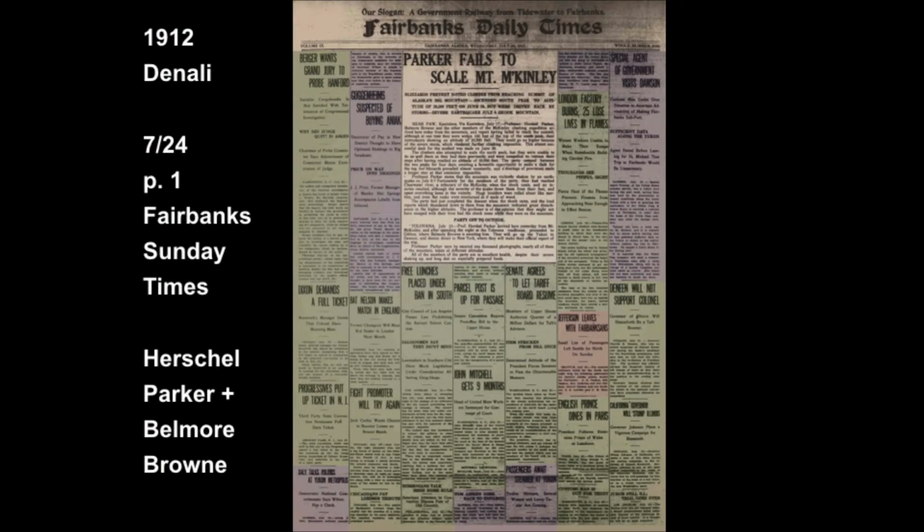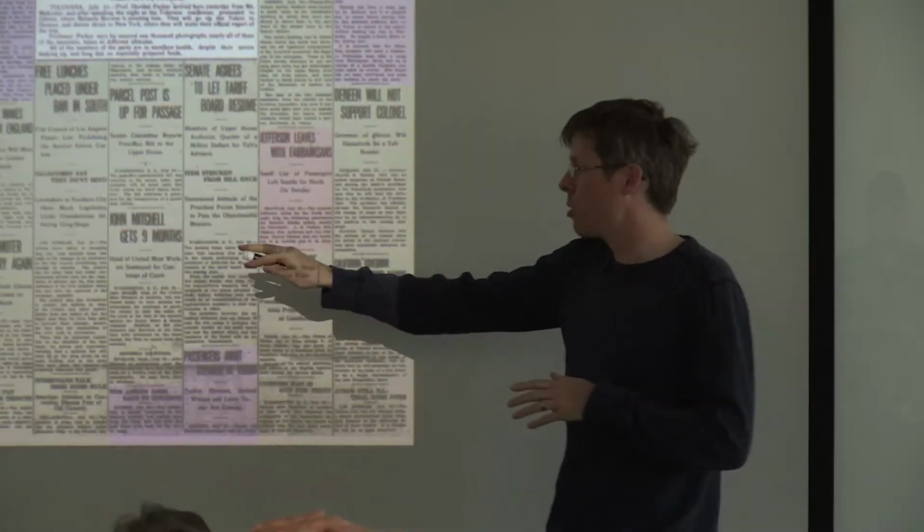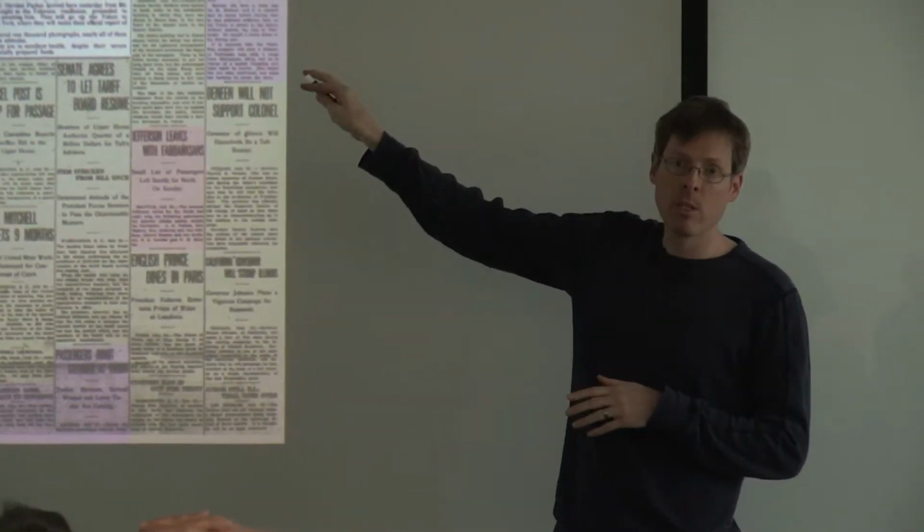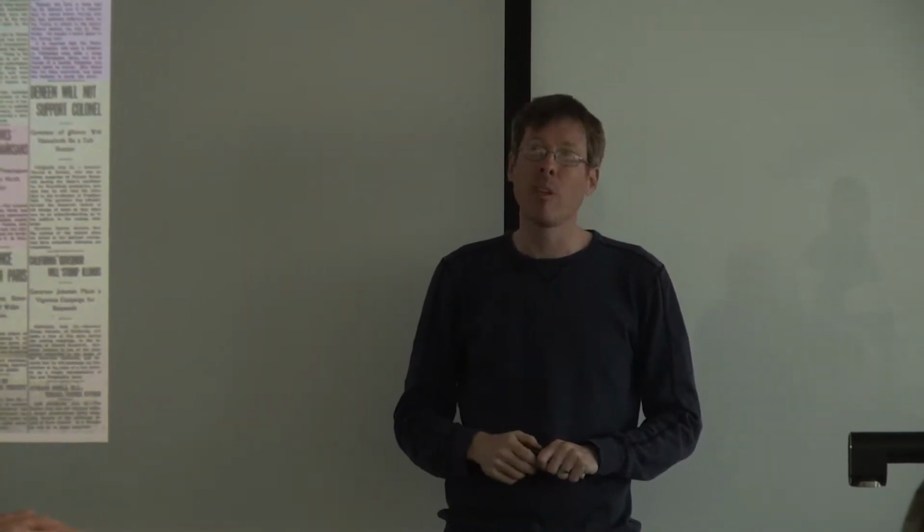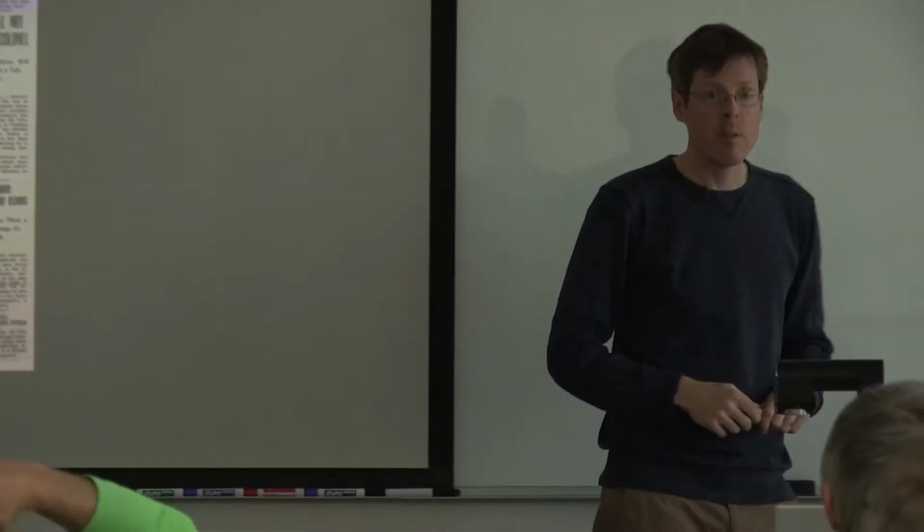A few days later, what's interesting about this story, if you know anything about the history of Denali mountaineering: the Parker-Brown expedition, Herschel Parker and Belmore Browne, at the time of this earthquake had just come off a failed attempt, almost getting to the top, within, I think, 500 feet of the summit.